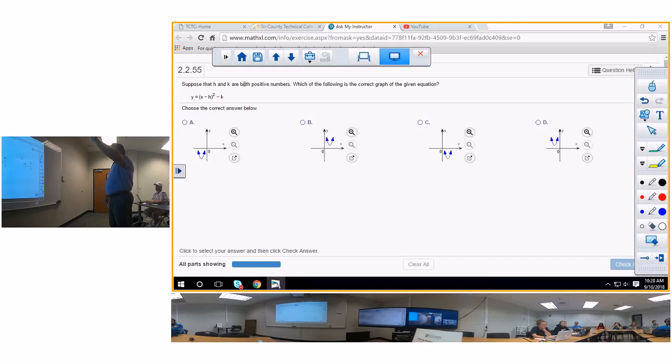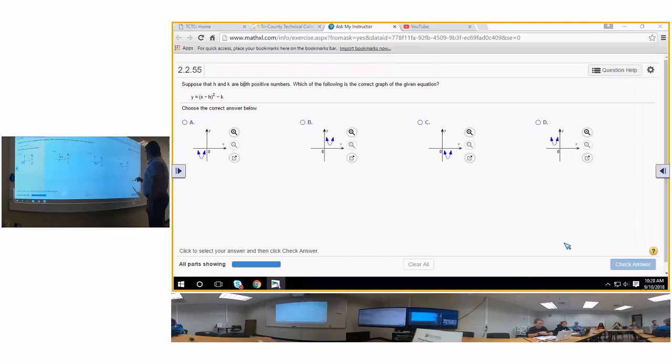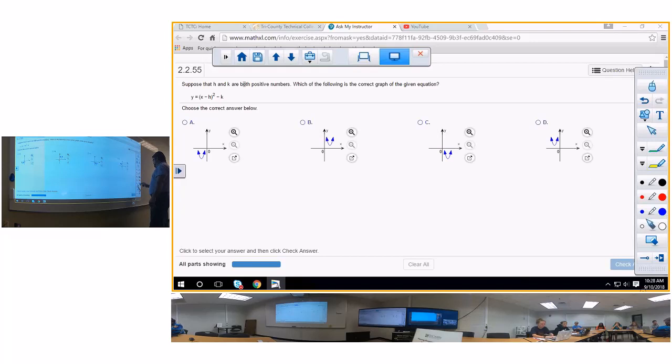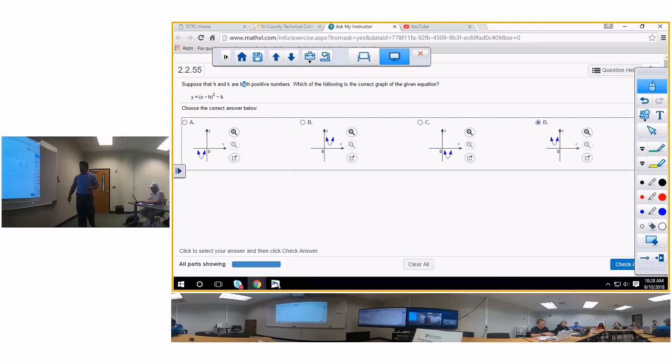It's supposed to be x minus h, but I give it to you as x plus h, and I tell you to use the opposite. That's the easiest way to explain it. But since it's an x minus h, and they're saying that it's positive, that means it's got to be a negative h. So it's going to be negative h and positive k, so it's going to be D. This is not a question I would put on a test because I don't teach it this way. That's probably going to be the answer.